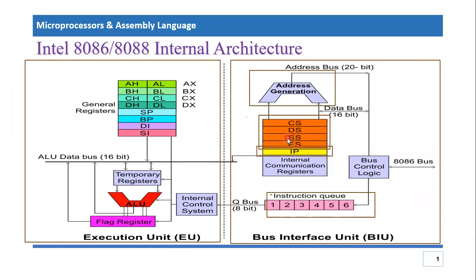What are segment registers? We will see them in detail in coming classes, but right now we are just listing them. Then there is the instruction queue, which works like a queue. If one instruction is under execution, the following instructions are stored here: 1 byte, 2 byte, 3 byte, 4 byte, 5 byte, 6 byte.